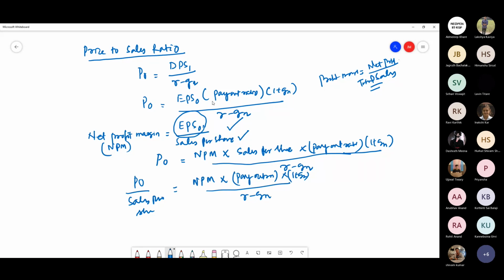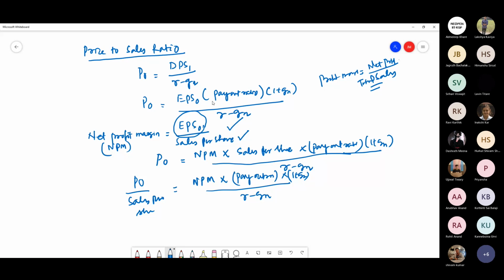So if you calculate the price to sales ratio, when firms have high profit margins, they have a high price to sales ratio.